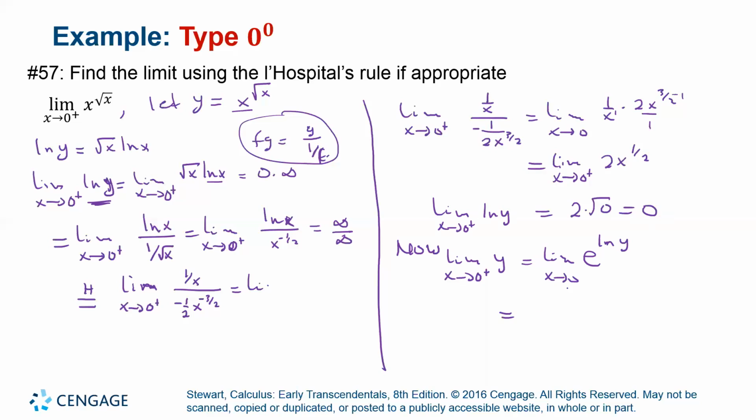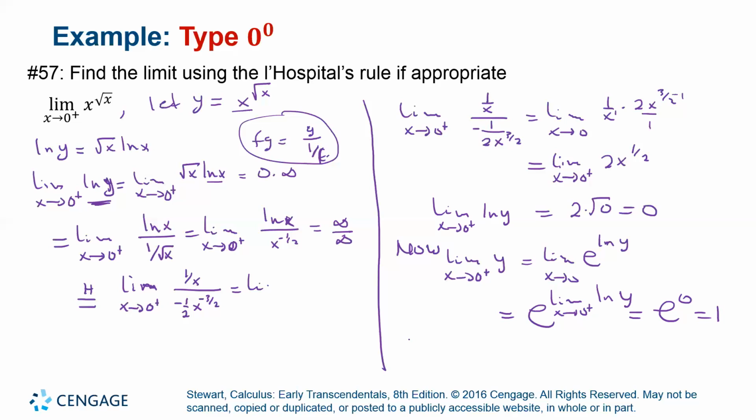Now, whenever you have this, it is the same as e raised to the limit as x goes to 0 from the right of the natural log of y, which we have found to be 0. Therefore, this is equal to e raised to 0, which is 1.